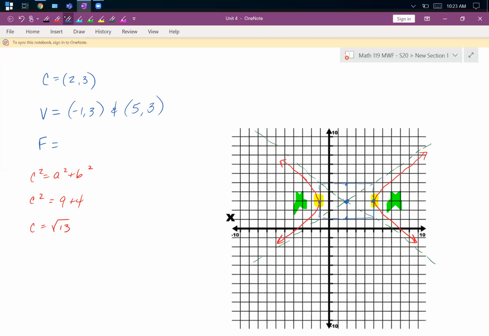Is that 2 plus or minus the square root of 13 and 3? Perfect.